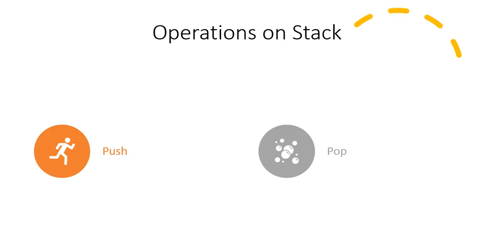Now let's see the operations performed on the stack. There are two operations, push and pop. Push operation is used to insert data onto the stack, and pop operation is used to remove data from the stack. Let's see an example of push and pop operations.